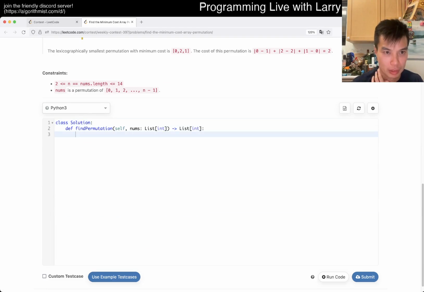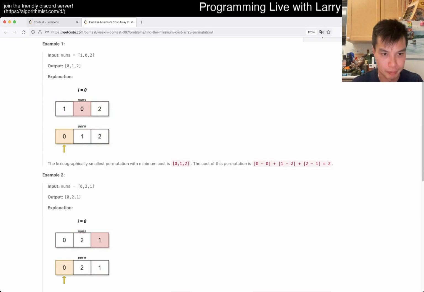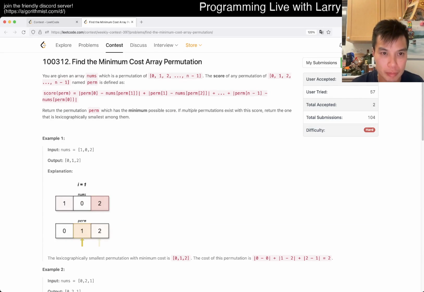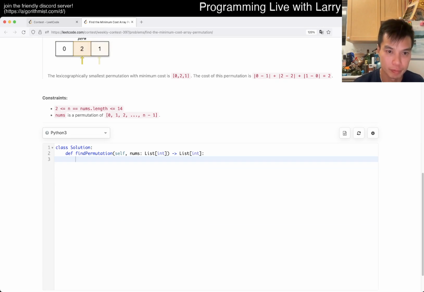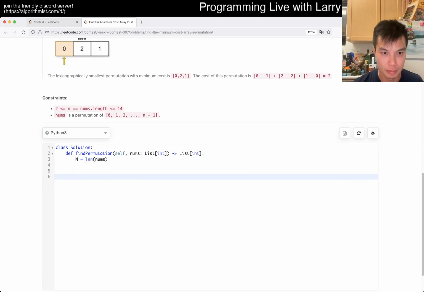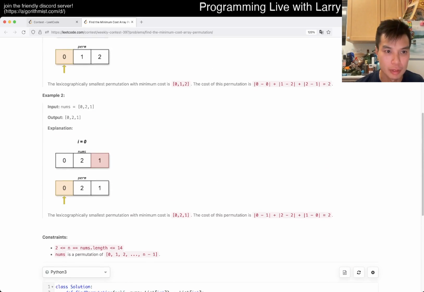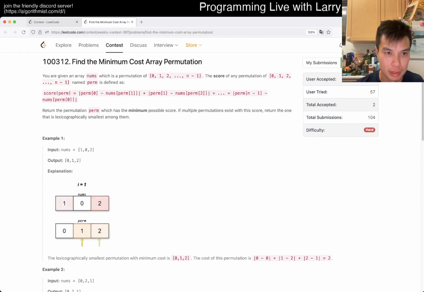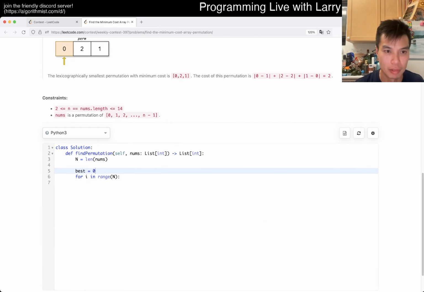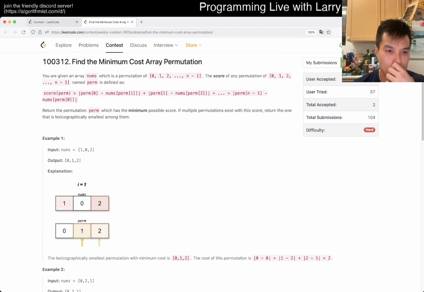I missed that part actually. So now we can figure it out, right? Yeah, okay. This is stupid, actually. Maybe, I don't know. Maybe I'm wrong. We want to get the permutation, not just the best.